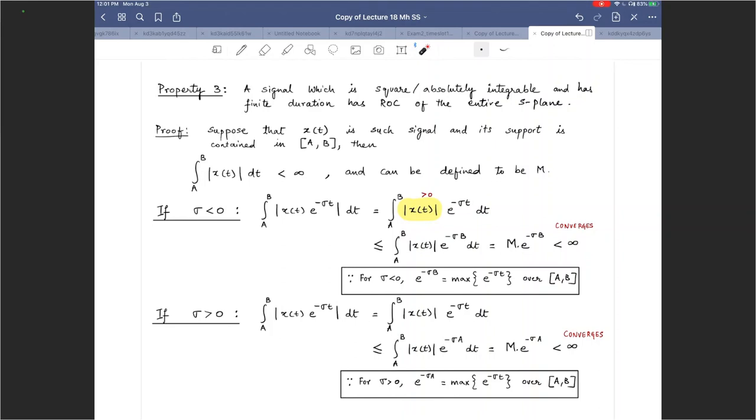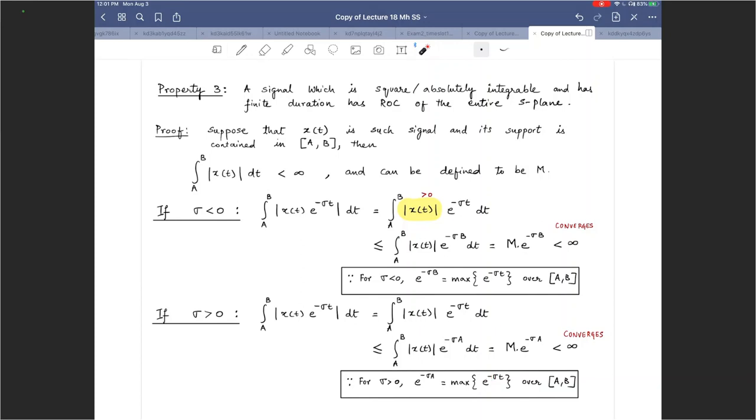And now similarly, if sigma is greater than 0, our lower limit on the time is going to be dictating the maximum here. So for sigma greater than 0, e to the minus sigma a will be the maximum of e to the minus sigma t, because you see time is going from a to b, sigma is positive, and you have a negative on top of that.